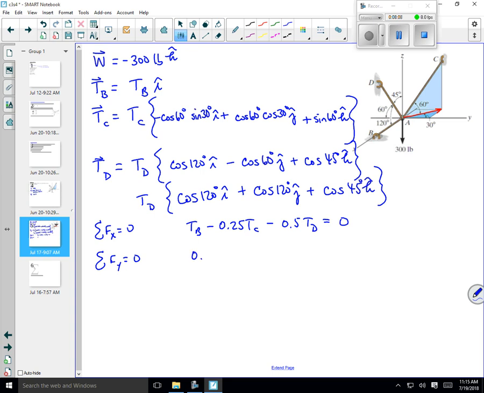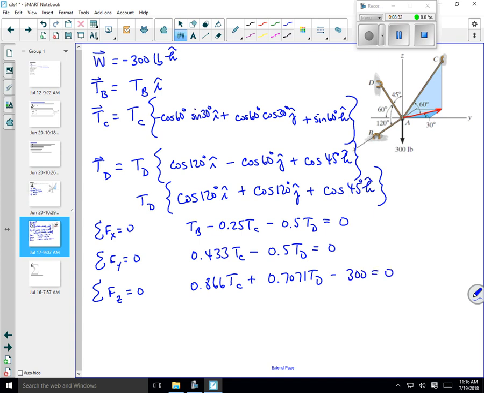I get 0.433 TC minus 0.5 TD, and sum of the forces in z equals 0. I get 0.866 TC plus 0.7071 TD minus 300 equals 0.